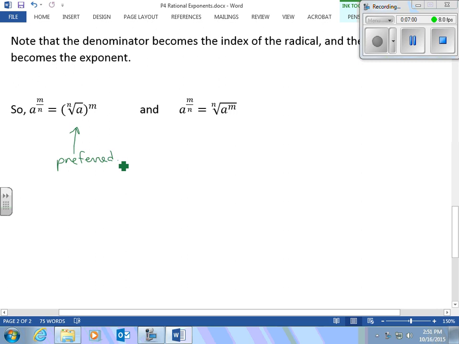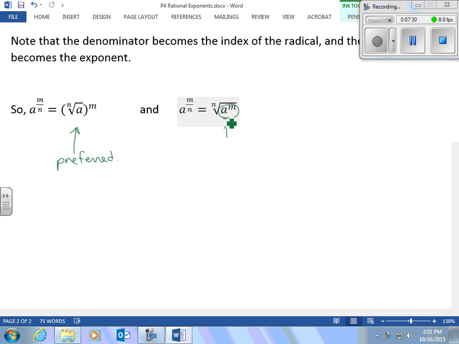Rather than doing the exponent first, we could end up with very large numbers and it's harder to take the root of those. Okay? So this method, a to the power of m over n, equals the nth root of a to the power of m. This is the preferred use for it. This is equally valid and equally correct.